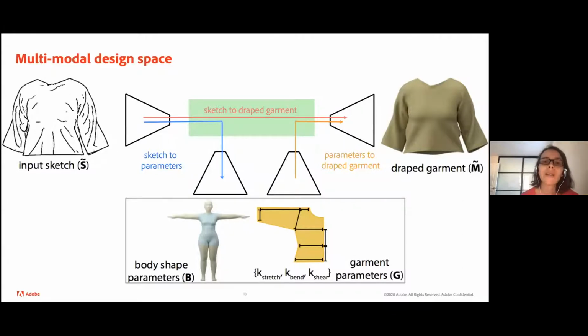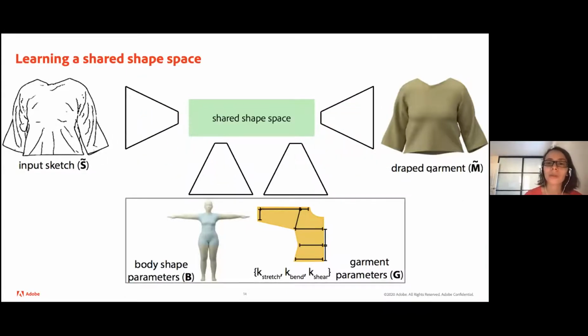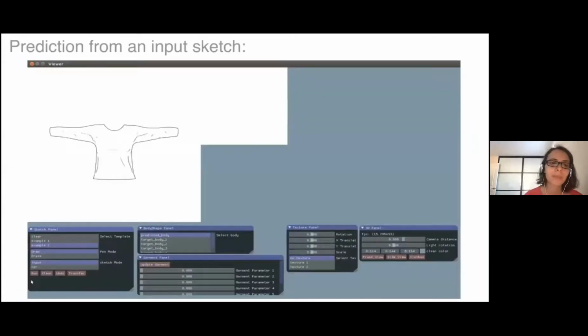And the key was to be able to train these three networks in a joint manner so that they actually learn a common latent space. So once you have this common latent space, it becomes very easy to go from one design space to the other. So here is the system in action.